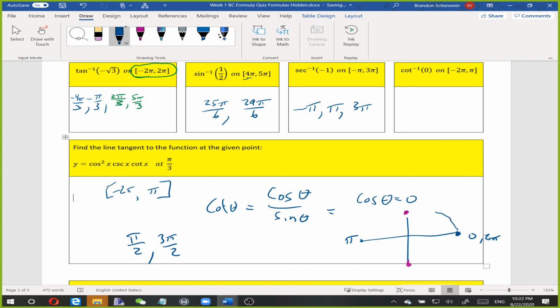One of those is okay because I can go forward to pi and then I'll have to stop because that's the end of my interval. So that first one, pi halves, is okay. But I need a couple more that are coterminal with these two before that in order to get backwards to negative 2 pi.